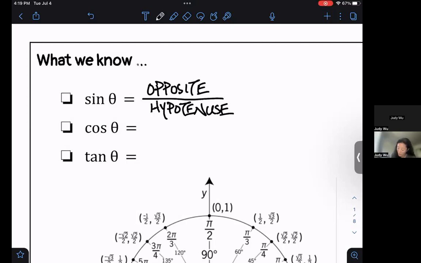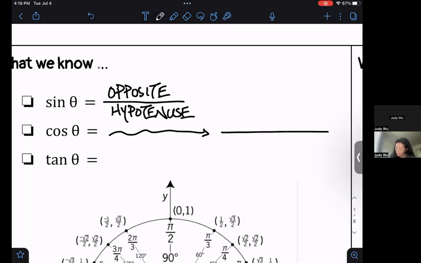Similarly, cosine, I didn't leave myself enough space, but I'll write it over here. Cosine is also the ratio of two side lengths, but this time it is not opposite over hypotenuse, but rather adjacent over hypotenuse.